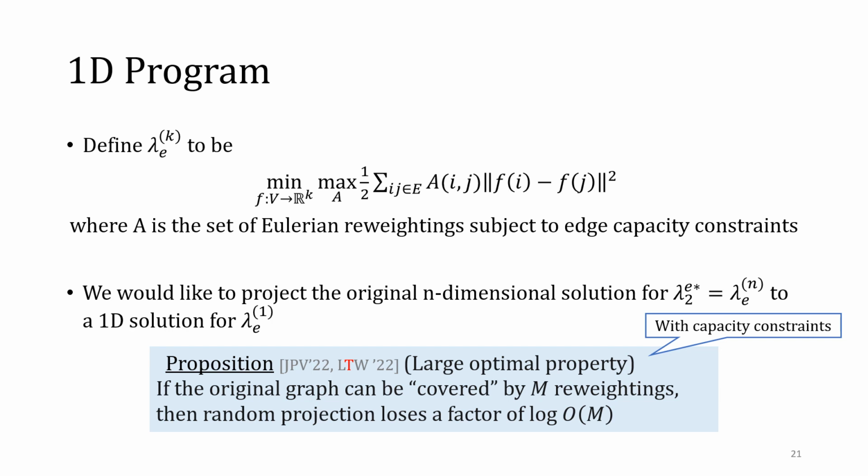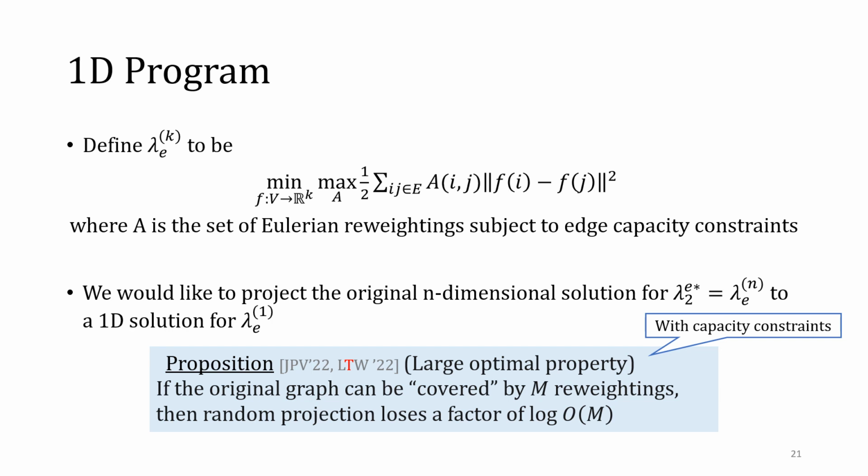So k can vary from 1 to n or even beyond. And what we would like to do is to project the original n-dimensional solution to a one-dimensional solution, that is, a solution for lambda e of 1.